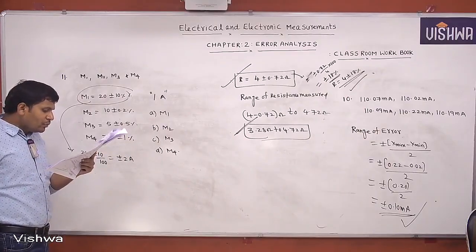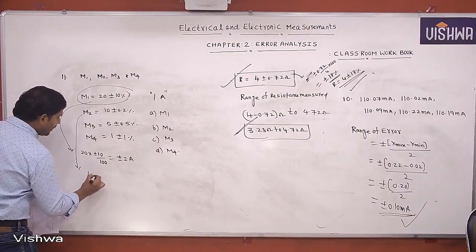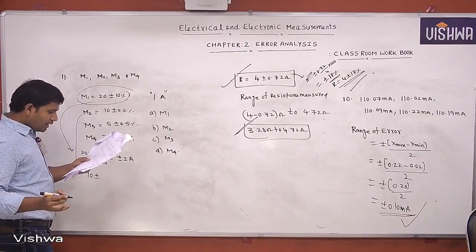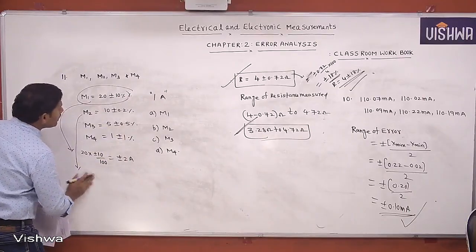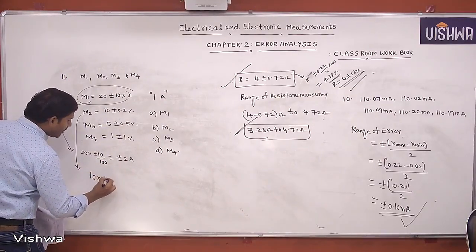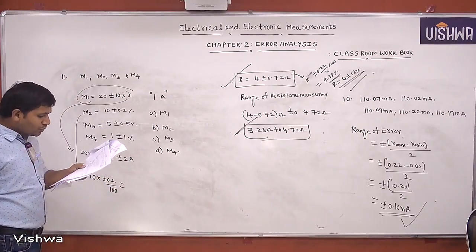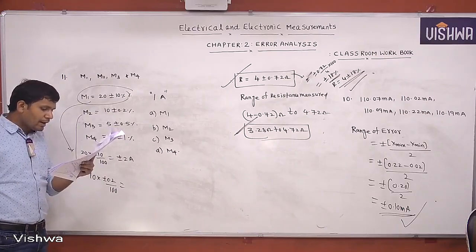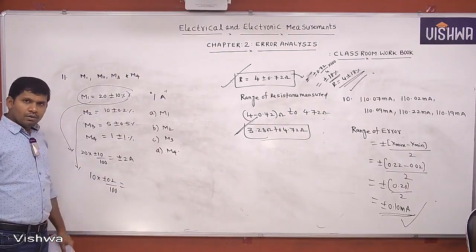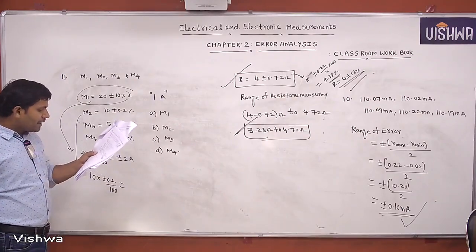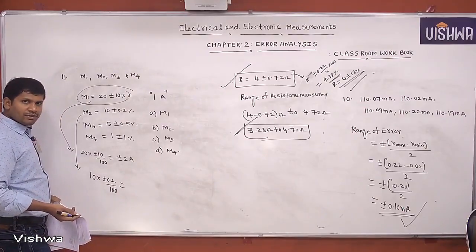Then what about M2? M2 is 10 into plus or minus 0.2 by 100. This is the measurement of 10 amperes.